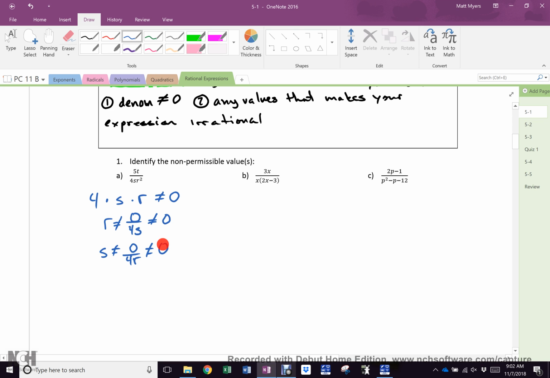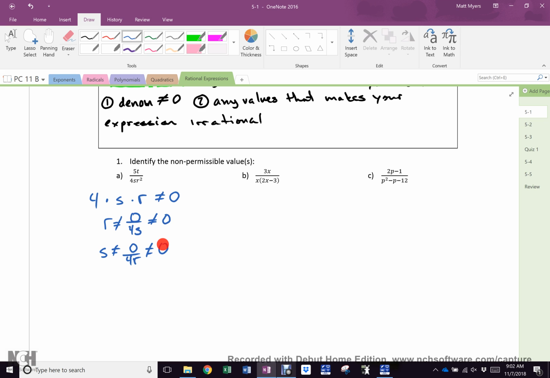Is there another variable here that might come into play? T is there, yes? What would happen? Can T mess us up in any way?